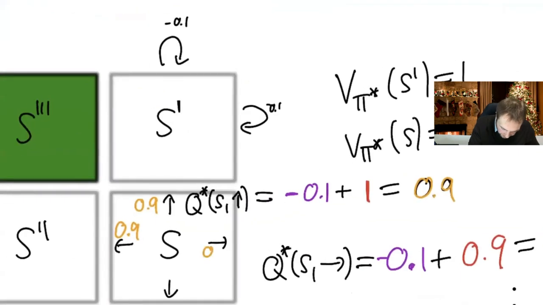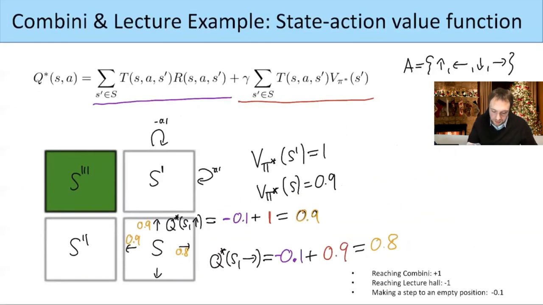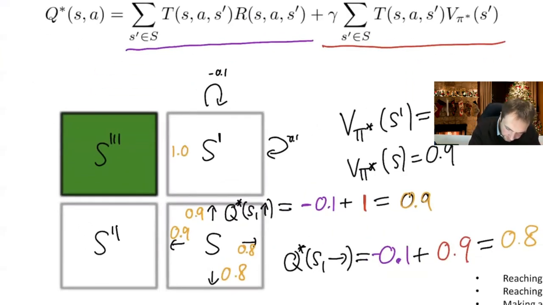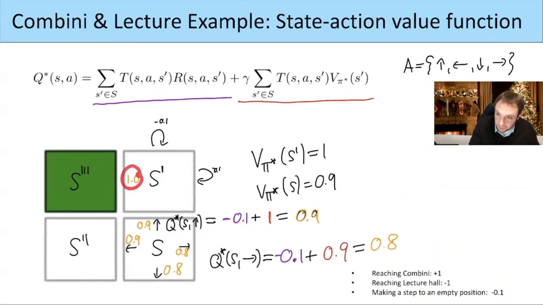So here the value of the state action value function is 0.8. And with the same argument, we also have 0.8 here. So maybe then I can write down the values at each place here. Here the value of the state action value function is 1, because in this state, taking this action gives us the maximal value 1, because here we are in the final combini.